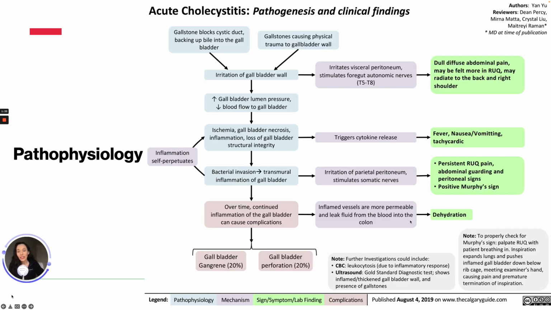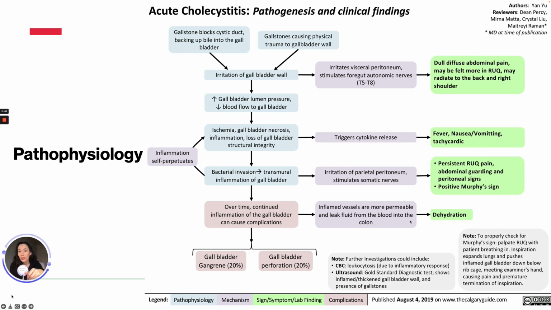Now, this is a much more in-depth pathophysiology chart, but I really love these charts because you can take a screenshot and print them out, and it tells you exactly what's going on in a nice little picture. So again, the gallstones are causing physical trauma to the gallbladder wall, or they're blocking the duct, which leads to irritation, increases the gallbladder lumen pressure, and decreases the blood flow.